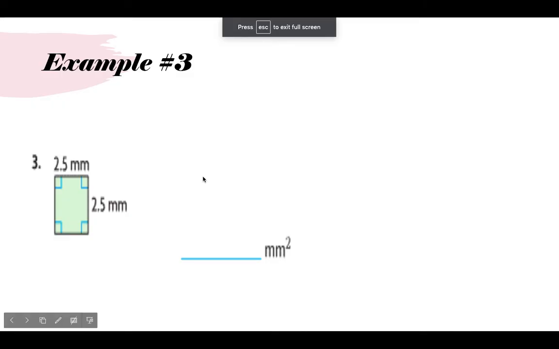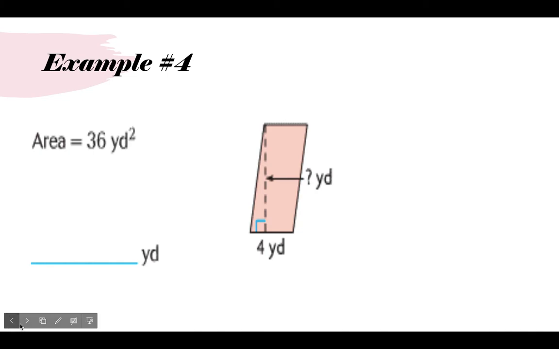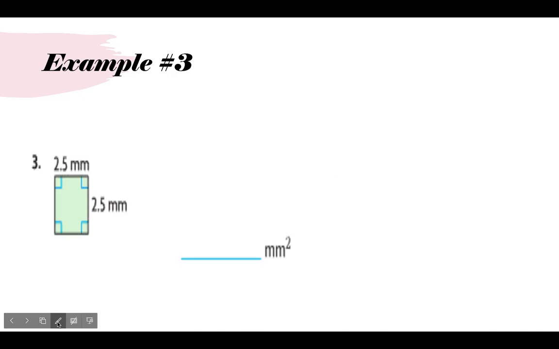All right, boys and girls, so we're going to move forward, and now we're going to take a look at example number 3. It came out not looking like a square, but it actually was supposed to be a square. Measures 2.5 millimeters and 2.5 millimeters. Let's go ahead and calculate this together.